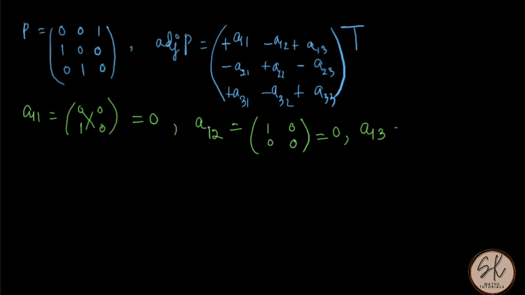Next let us find A13, which is equal to, hide the first row and third column, then you will get this as 1, 0, 0, 1 and its determinant is 1 into 1 minus 0 into 0, so this is 1.